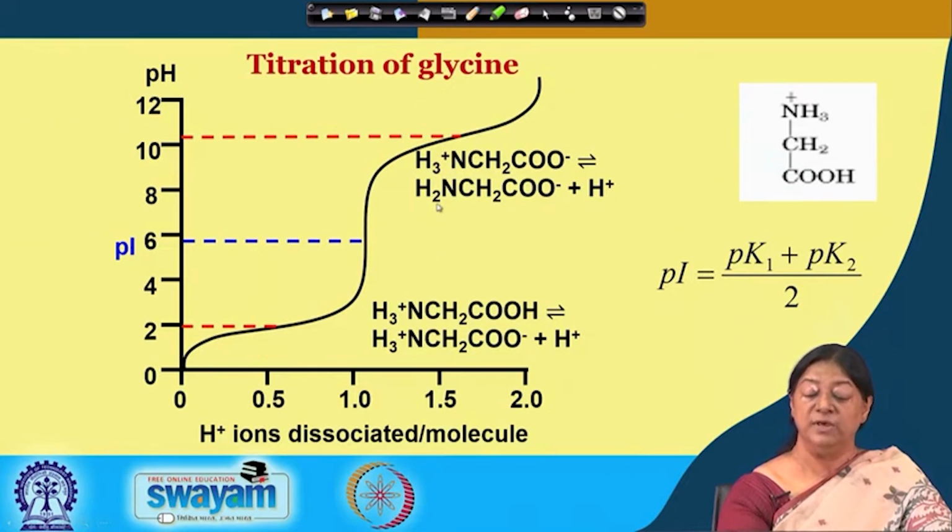So we have NH3 plus CH2COO minus go to NH2 CH2COO minus. So this was our Gly plus, this is our Gly 0, going to Gly minus, and the Pi we found out is the pK1 plus the pK2 divided by 2.